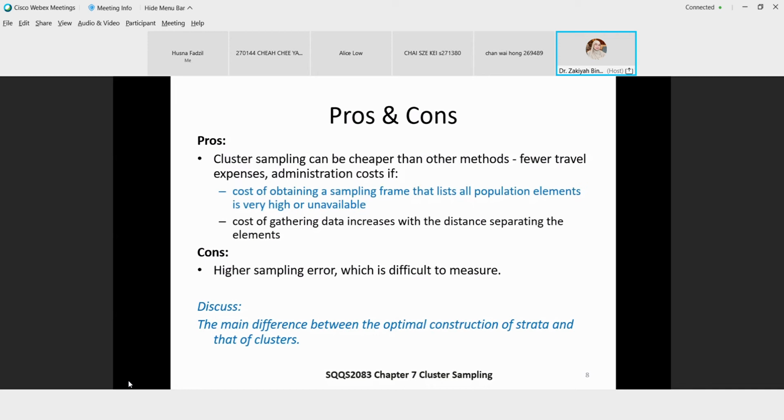Right, as we go through this chapter, think of the main difference between the optimal construction of strata, meaning how do you identify the strata, and also the construction of the clusters. What will be the best case scenarios to identify the different strata and also the different clusters.